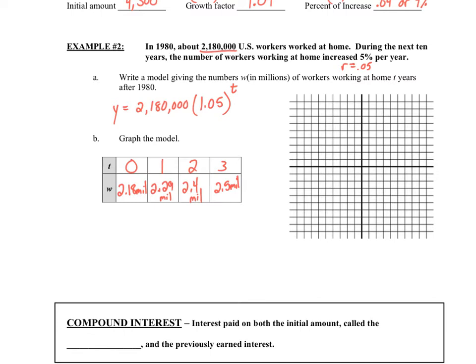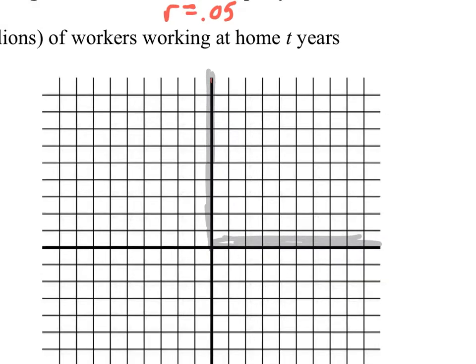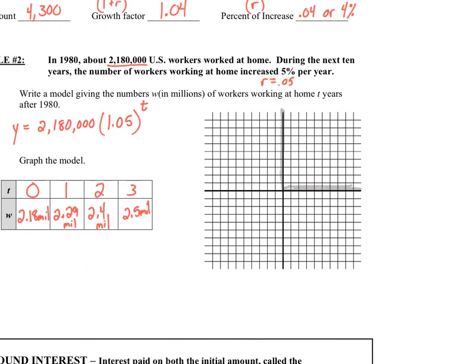All right, so when we graph this, I should point out that we only need this part of our graph right here. We're just going to use the top right corner. I'm going to zoom out a little bit. So on the bottom, it's going to be years after 1980. So it's 1, 2, 3, 4, 5, 6, 7, 8, 9 years after 1980.